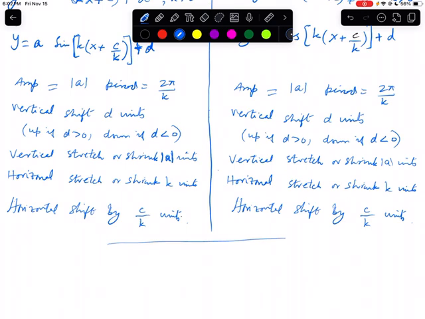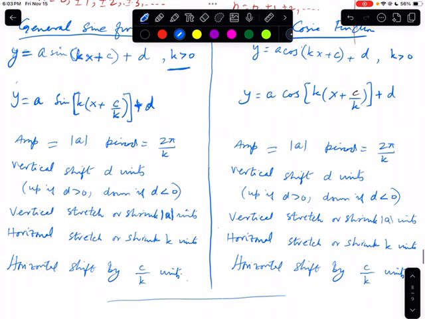The horizontal stretch or shrink is by k units. Remember, k is always positive. If k is between 0 and 1, it will be a horizontal stretch, and when k is greater than 1, it will be a horizontal shrink.